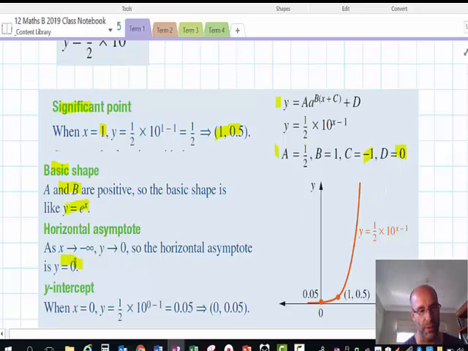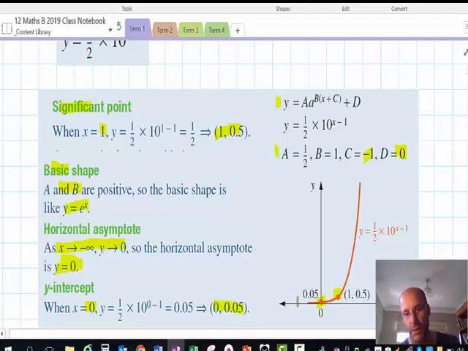Either you could look at d equals 0, so y equals 0 will be the asymptote, or, as we saw in the previous video, as x approaches negative infinity, y will approach 0, so the asymptote is the x-axis, the line y equals 0. The y-intercept is when x equals 0, and we get that point there.